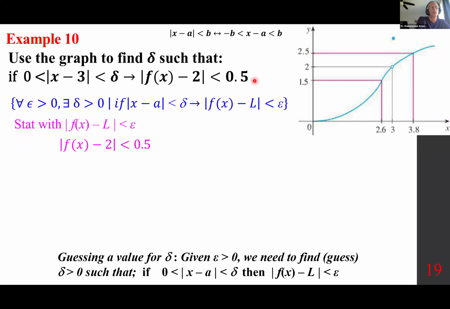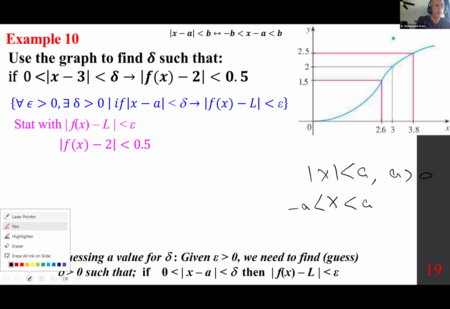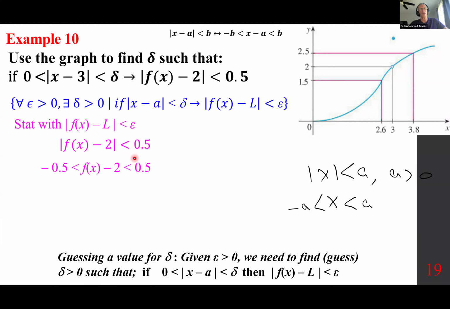And you know how to take care of the absolute value. Again, I'm going to remind you, I just went over that. If absolute value of x is less than a and a is positive, x is sandwiched between the two values. Therefore, f of x minus 2 is between negative 0.5 and 0.5.